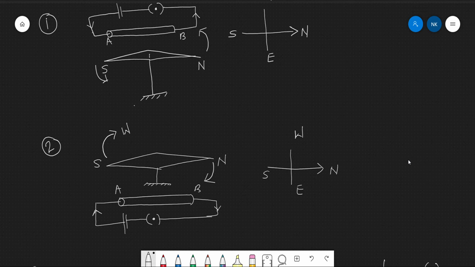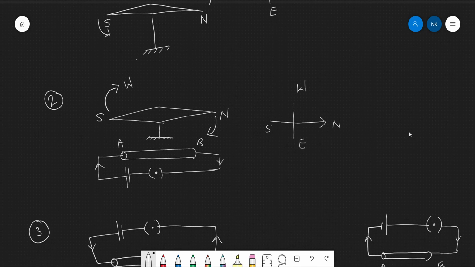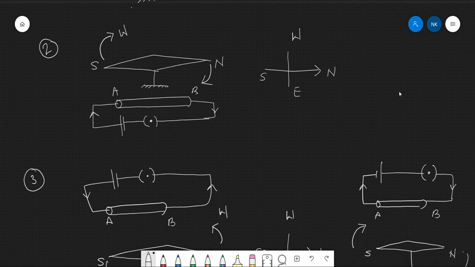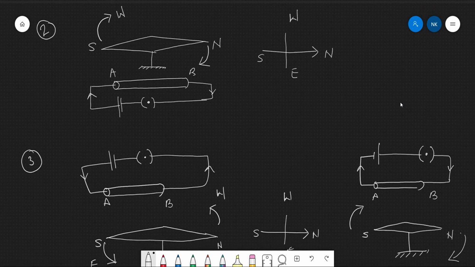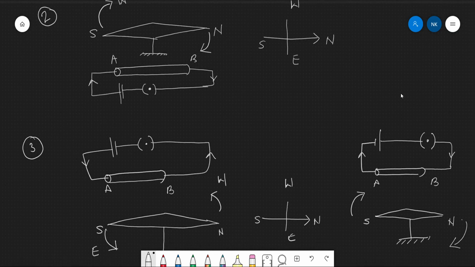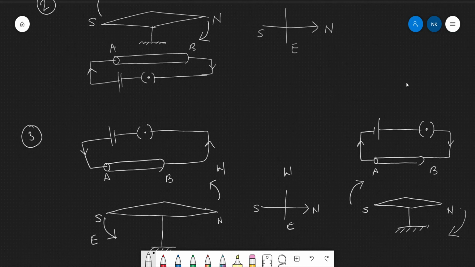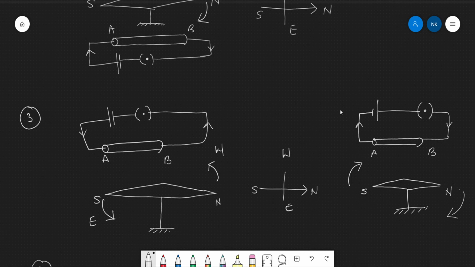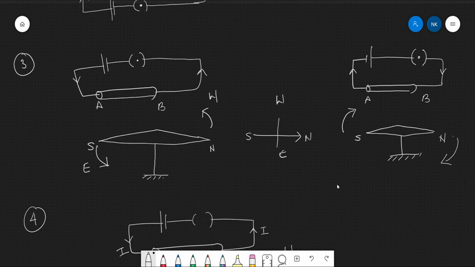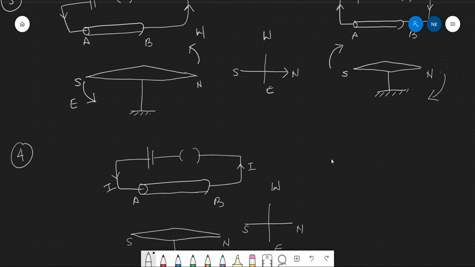Because once this compass needle was kept above and once it was kept below, the direction of spin changed. That means obviously it's very clear the direction of magnetic field above the current carrying wire and below the current carrying wire is different. And the third one says that once the direction of current is changed, the direction of magnetic field is also changed.